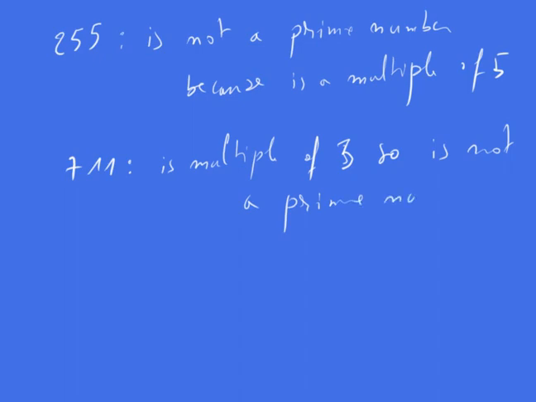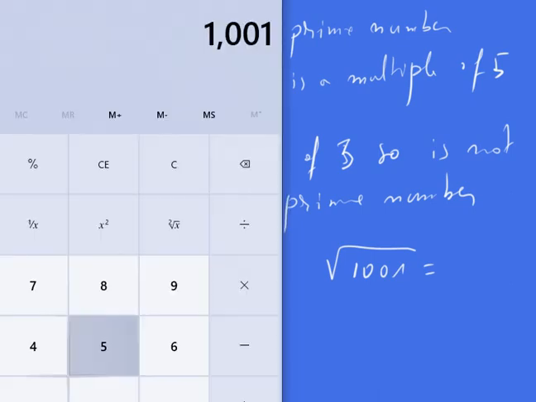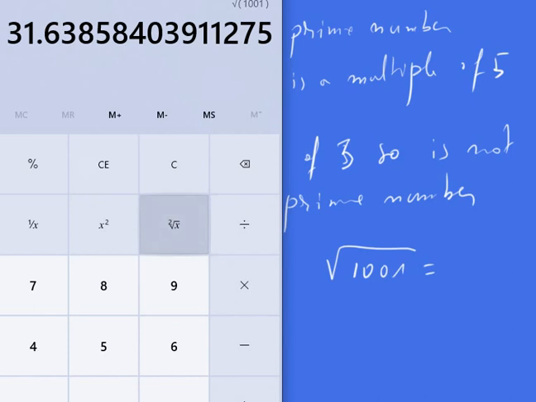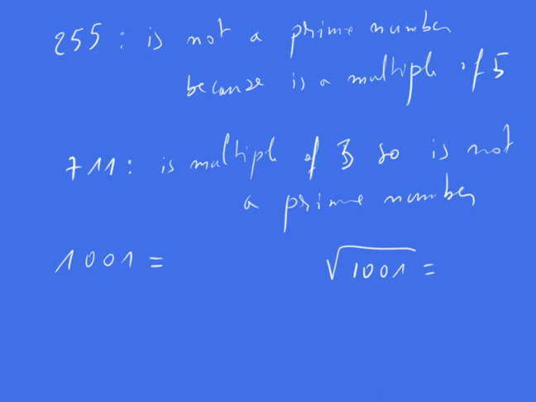The third is 1001. So here we start by using the test of primality. The square root of 1001 is about 31.63.